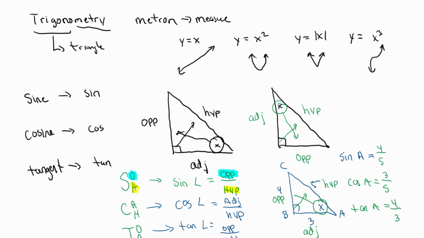Throwing this out here, if I asked you to find the sine of angle C, and you didn't say you were looking from angle C, you made the first mistake. If I'm looking from angle C, this adjacent side now becomes the opposite side. The hypotenuse stays the same, but my opposite side becomes my adjacent.